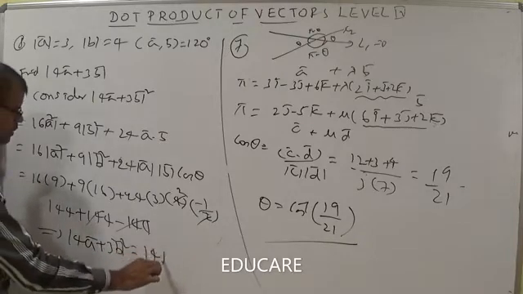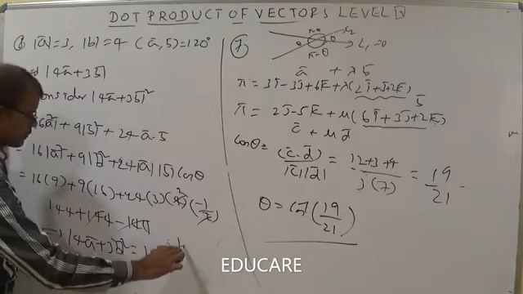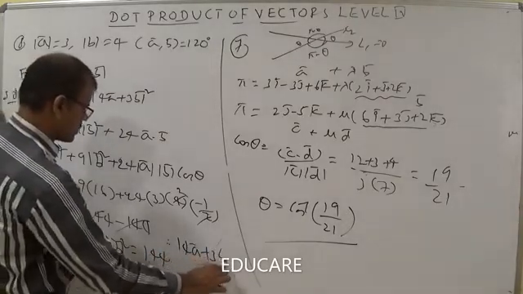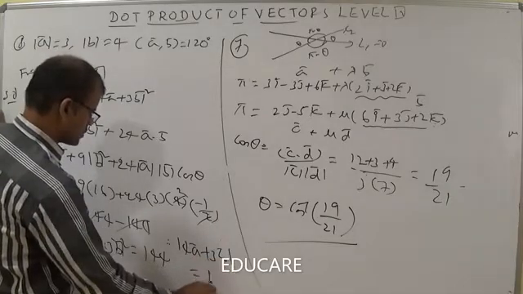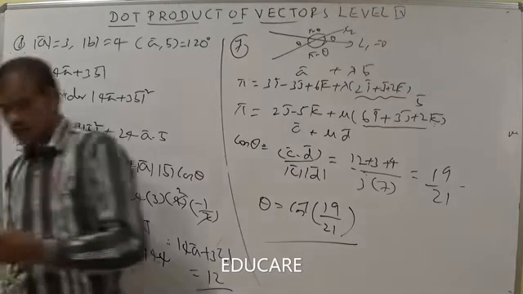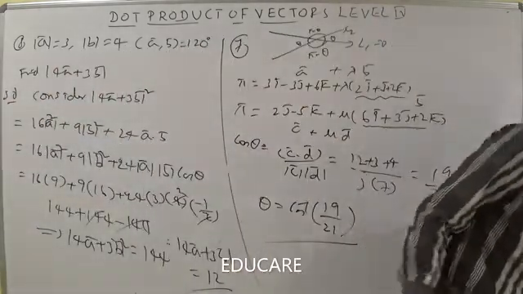Therefore the modulus of 4a bar plus 3b bar is equal to 12, because the square root of 144 is 12. The 8th question is completed.